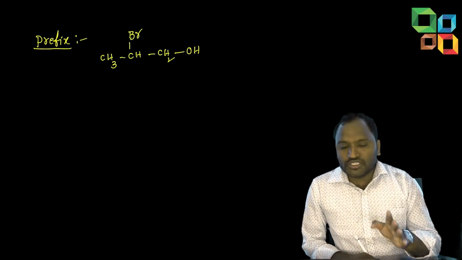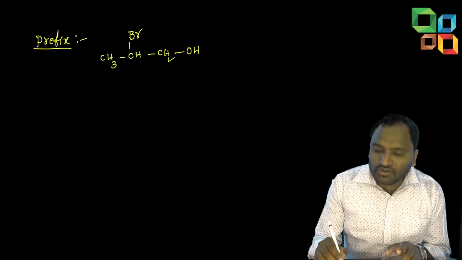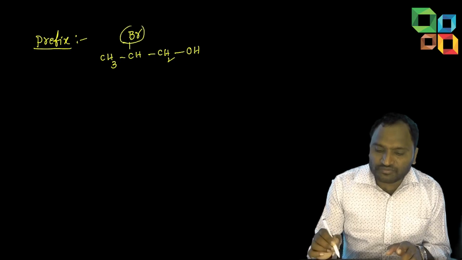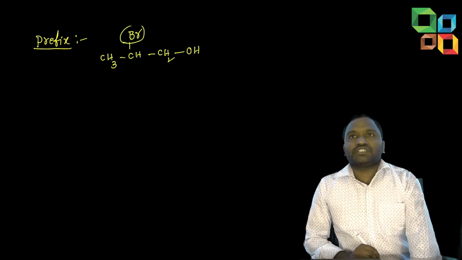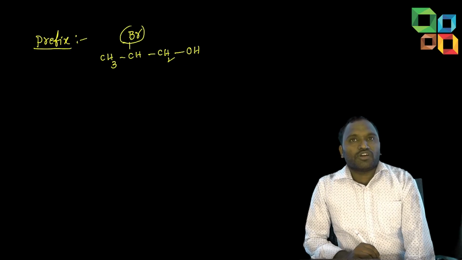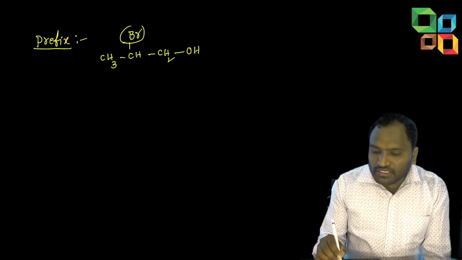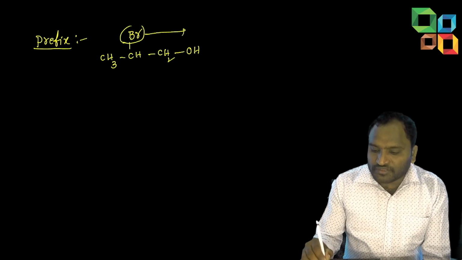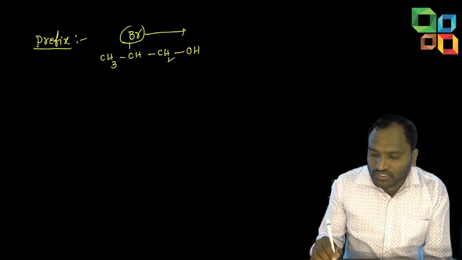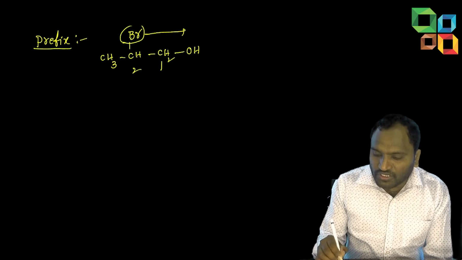We got one functional group, and now this one is a substituent. One of the hydrogens is replaced by bromine. So here this is called the prefix.